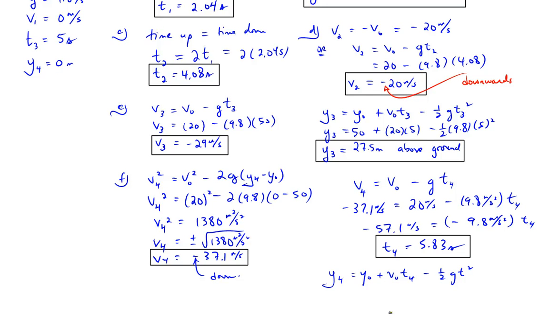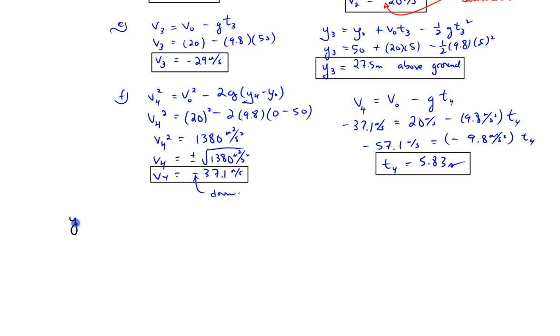Another thing that's interesting is that you could just graph this whole problem. I think that's a great idea to do that. And if you have your calculator, why don't you try to plot the following equation? We had y as a function of time equals the initial position plus v0 t, and then minus 1/2 g t squared.